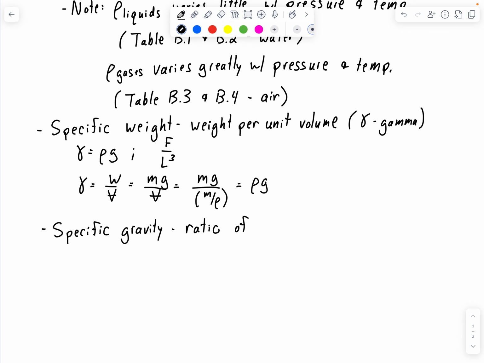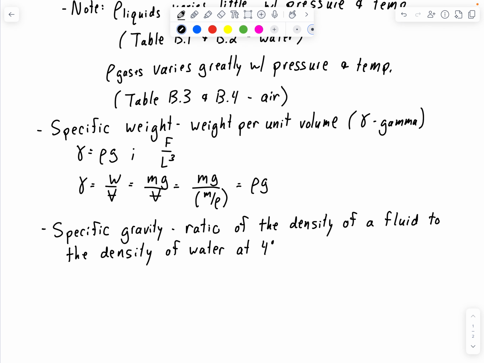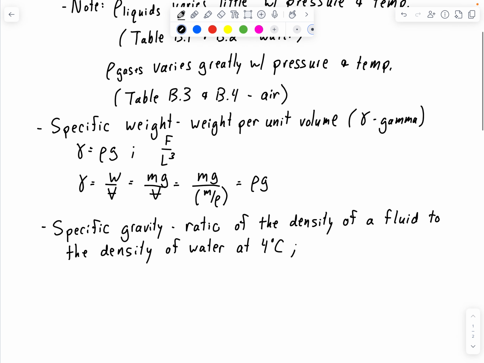It's the ratio of the density of a fluid to the density of water at 4 degrees C. So specific gravity is usually abbreviated just as SG, and because it's a ratio, it is dimensionless.